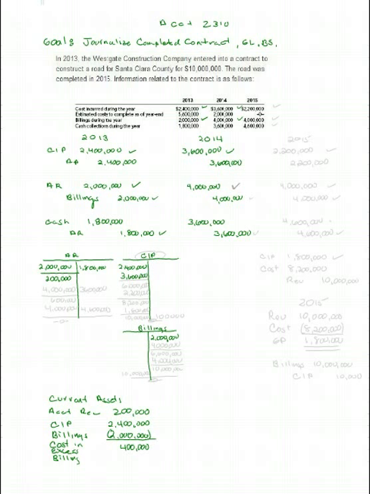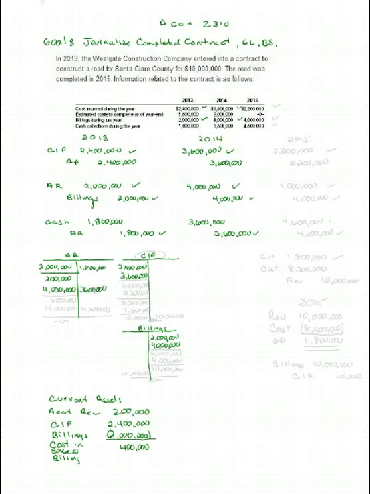Into accounts receivable goes our 4 million. That doesn't change under either method. That also goes into billings. Got those posted. And now accounts receivable also goes down for payments.